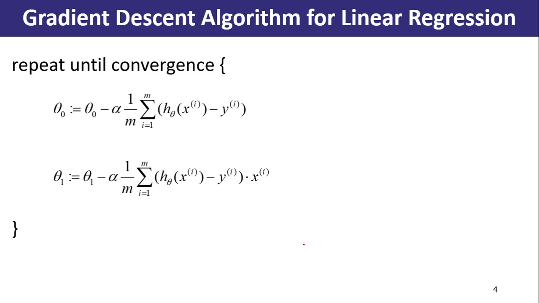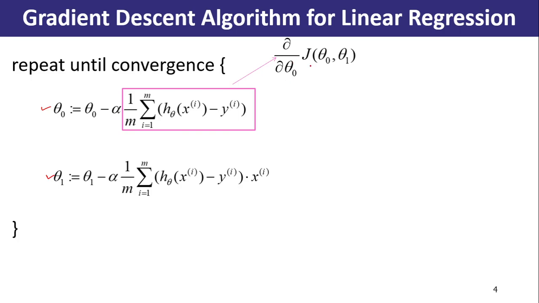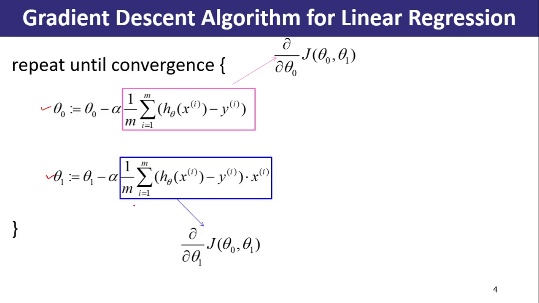We also know the gradient descent algorithm for linear regression, where we go on repeating the process, and in every iteration we update the parameter values theta 0 and theta 1 with these formulae, where this sub-expression is equivalent to the partial derivative of the cost function j with respect to theta 0, and this expression is equivalent to the partial derivative of the cost function j with respect to theta 1.